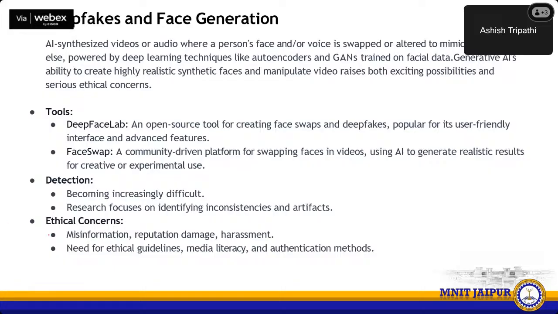And no doubt, be ethically concerned that you have to use generative AI for ethical use only, because there are a lot of unethical uses. But be careful. You have to develop models which are producing the output in an ethical way.